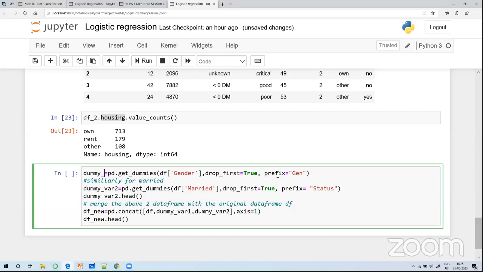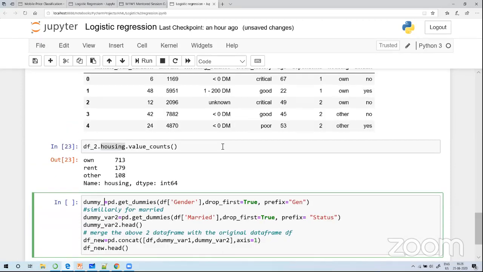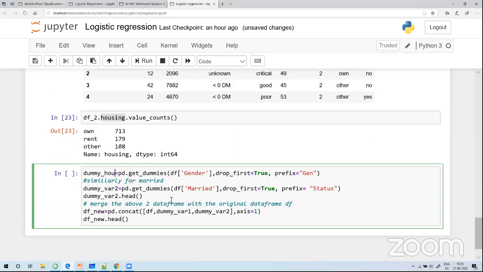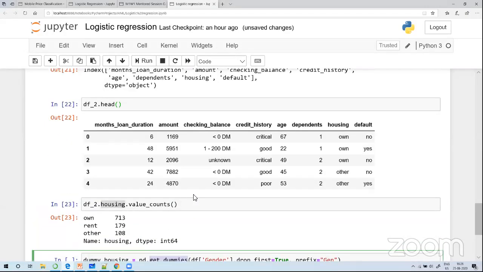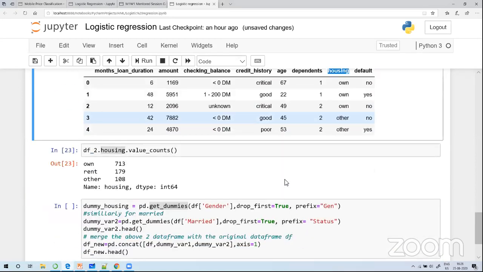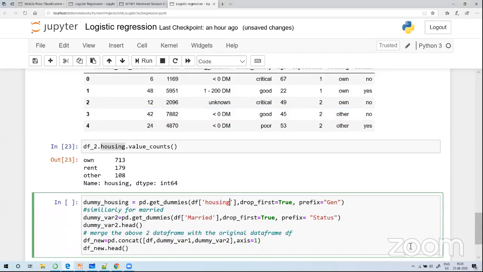Okay, fine. So we are going to create dummy variables for the column housing. Let's say dummy_housing is equal to, in pandas, we have a function called get_dummies. So I'm going to use that. And what is the variable for which we are trying to create dummies? On the variable housing.